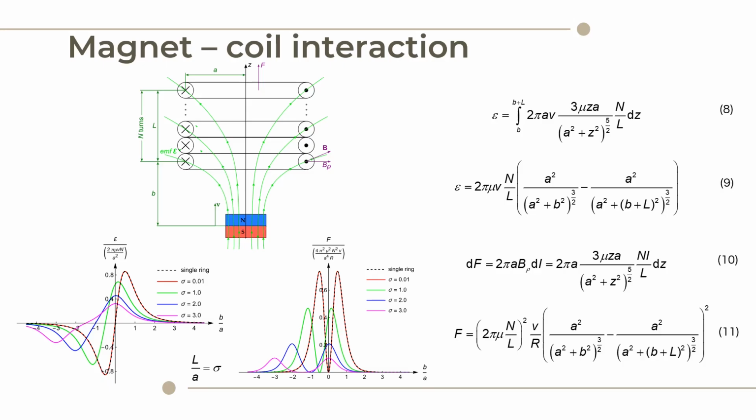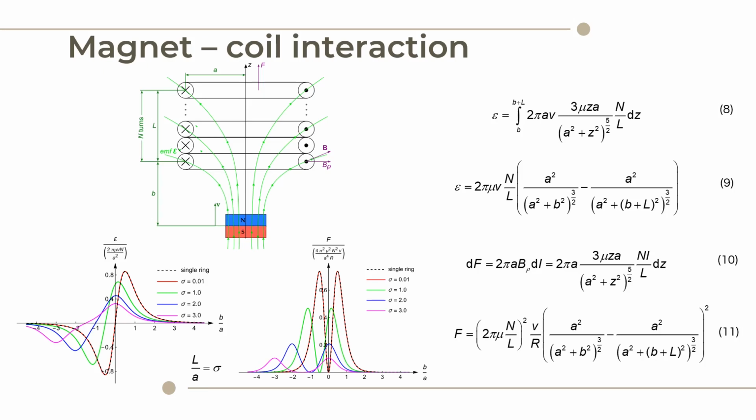Relative values of the induced electromotive force and magnetic interaction force as a function of the dimensionless distance of the magnet from the coil for different values of the sigma parameter are shown in the figures. Sigma indicates the geometric relation of the coil's length to the radius.